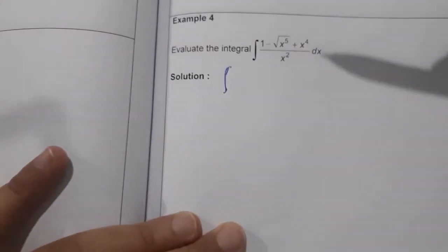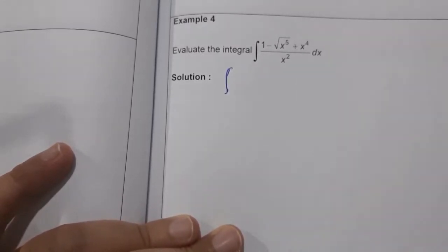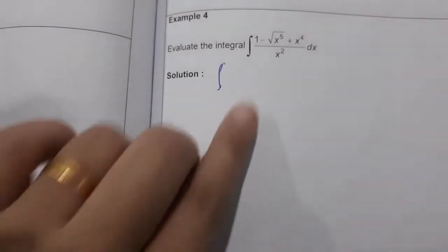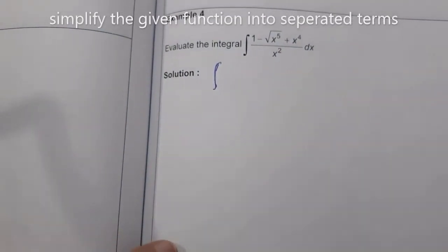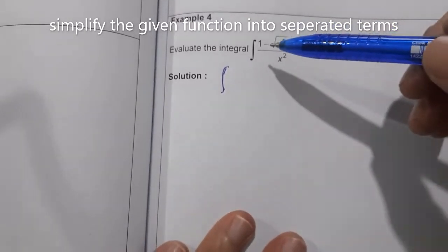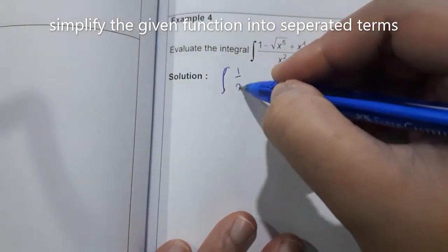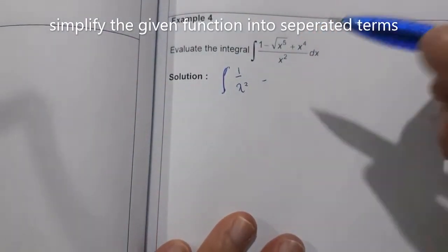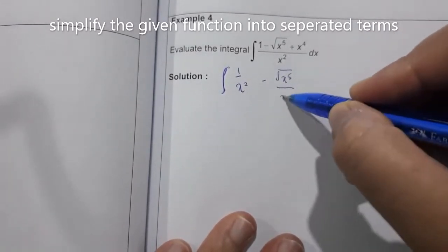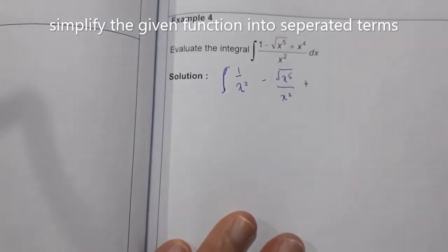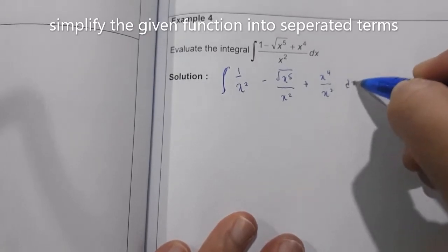We want to solve example 4, evaluate the integral. We know that the best way to solve an integration question is to simplify the given equation term by term. For the first term, we take 1 over x square, minus second term square root x power 5 over x square, plus third term x power 4 over x square.